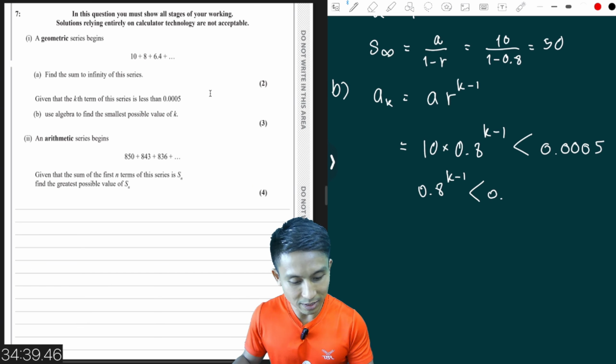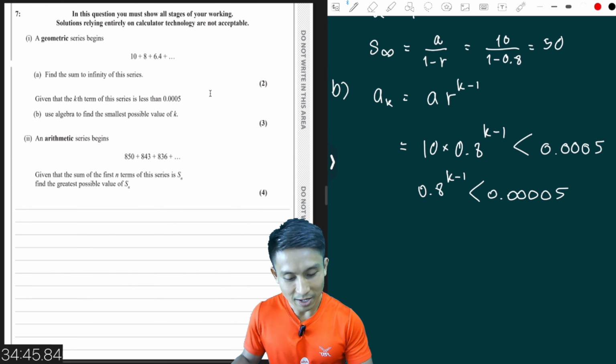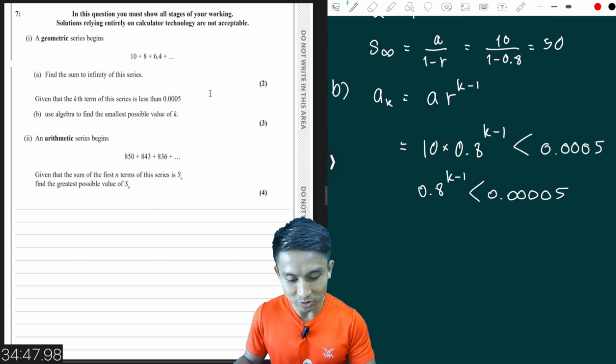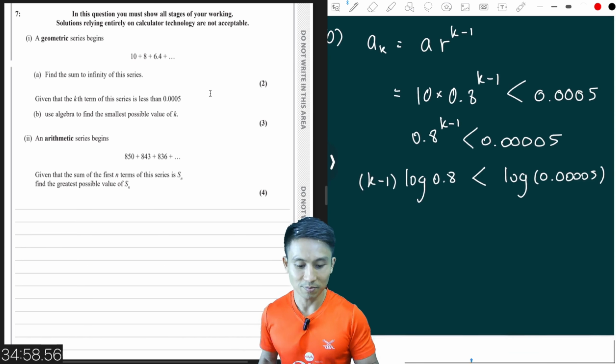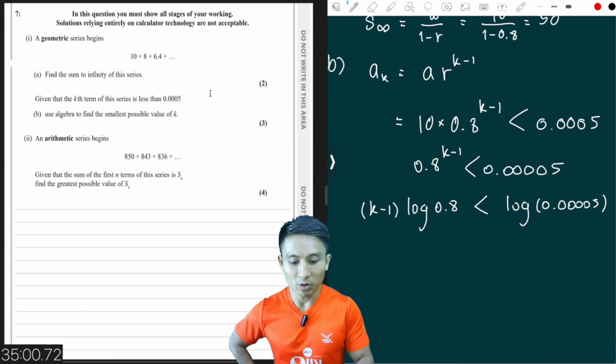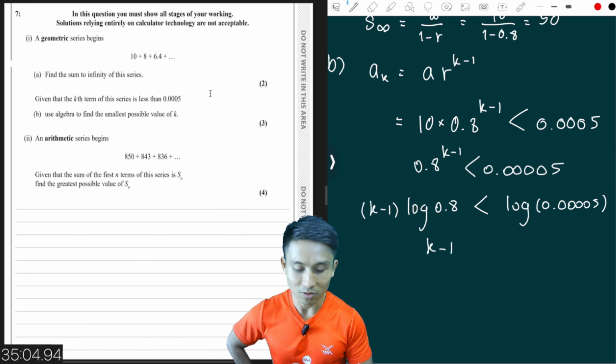So dividing by 10, we get 0.00005, with 4 zeros there and an extra 0. And then we can take log, right? So I'm just going to do this slowly. If we take log on both sides, it's still the same thing, no flip. But then if we want to make this term the subject, we're going to divide by log 0.8.